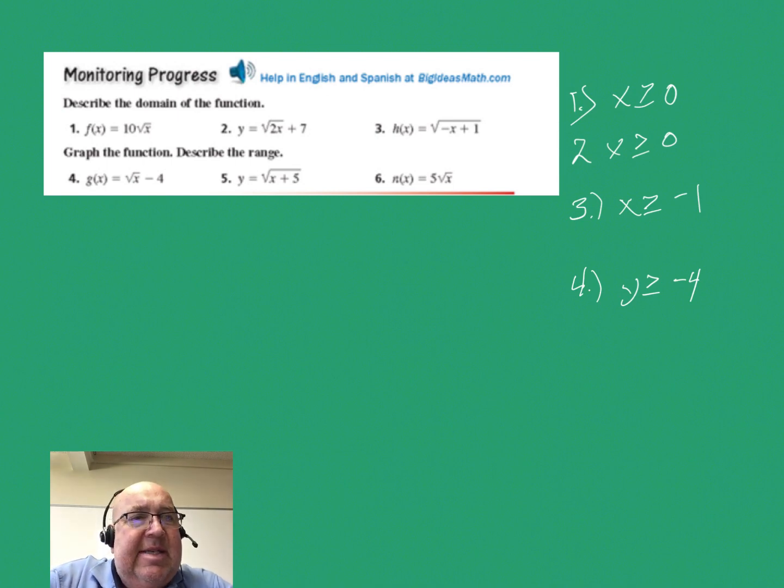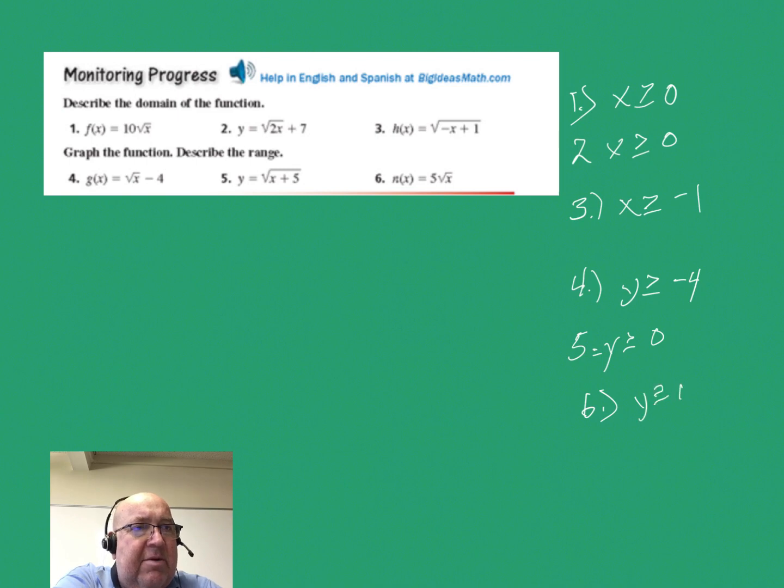The graph of 5 still is going to be y is greater than or equal to 0. But what's going to happen is the graph would shift 5 units to the left. And number 6 still stays y is greater than or equal to 0. And it will still have 0, 0 as its origin.